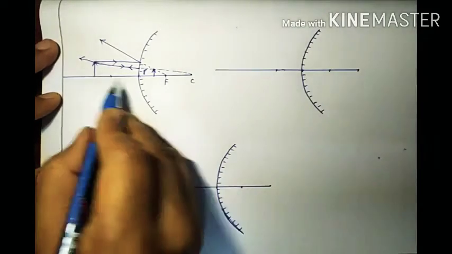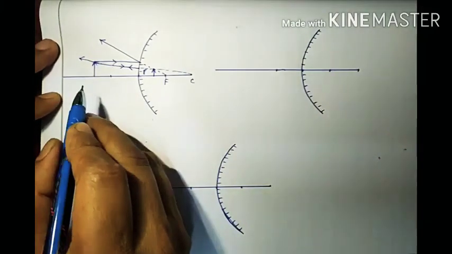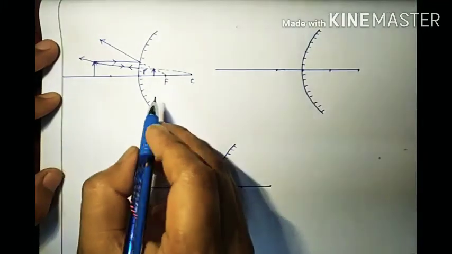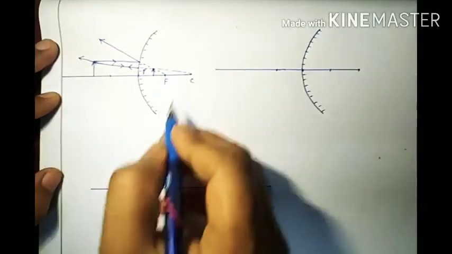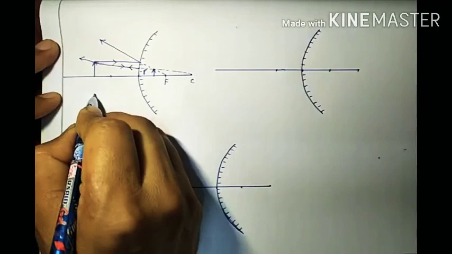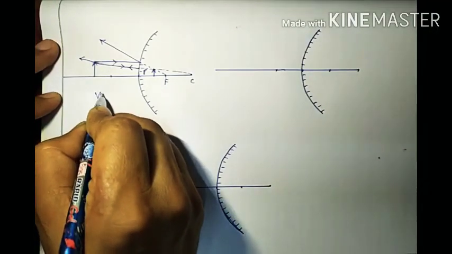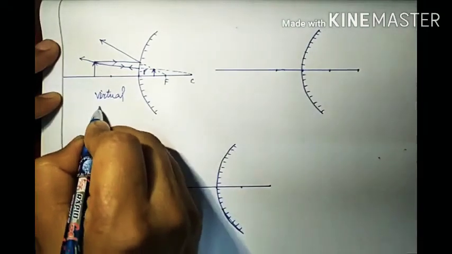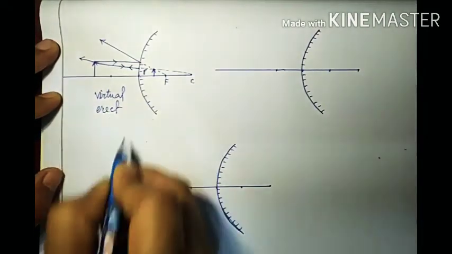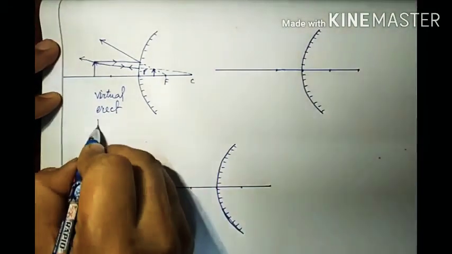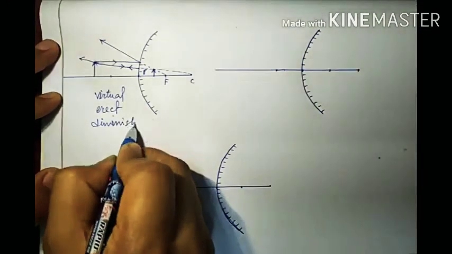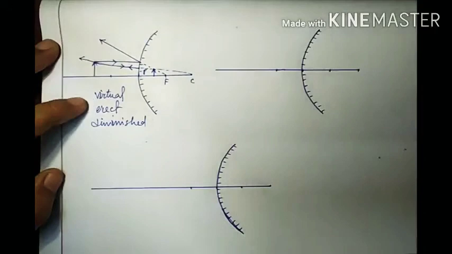When the object is placed at a distance greater than the focal length, we are going to get our image, which is virtual, erect, and diminished. Virtual, erect, diminished.